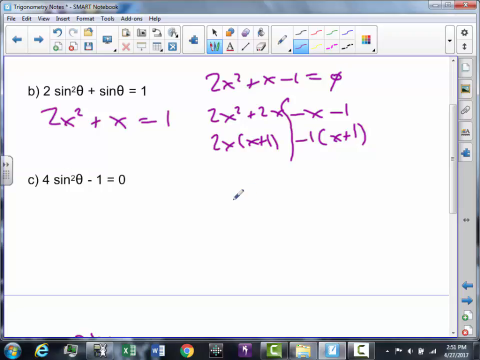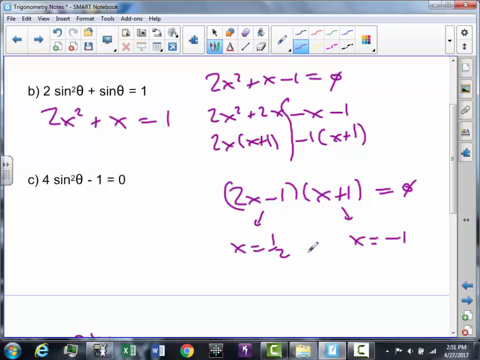Which means that you've got 2x minus 1 bracket x plus 1, and don't forget the whole time this was equal to 0, I just wasn't writing it the whole time. So what does x equal? Well, this one right here means x equals negative 1, and this one right here means that x equals a half. I should really readapt these slides so that you have more room for that one, don't I? Like writing off the margins. Sorry, guys.